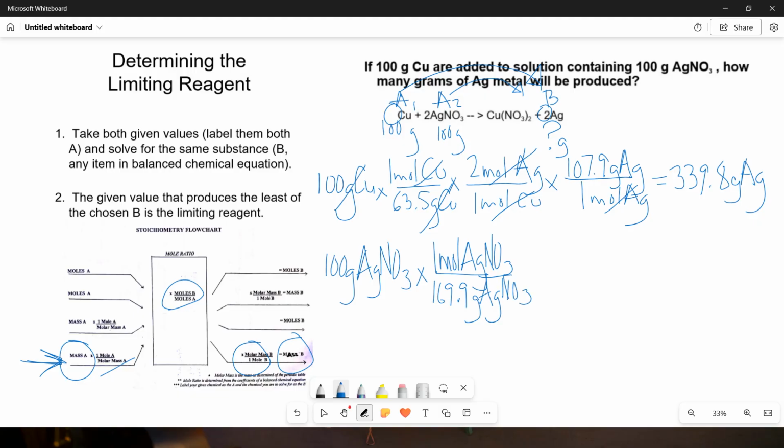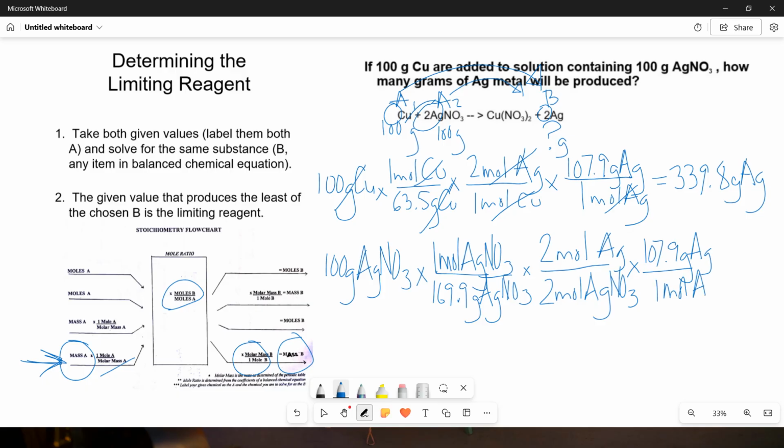And then I multiply by the mole ratio, which is going to be the coefficients. Now this time, I have 2 moles of our A, 2 moles of silver nitrate, and I'm going to the same B, which is 2 moles of silver. And then I come out on line 4 and multiply by the molar mass of silver, which comes off the periodic table, over 1 mole.